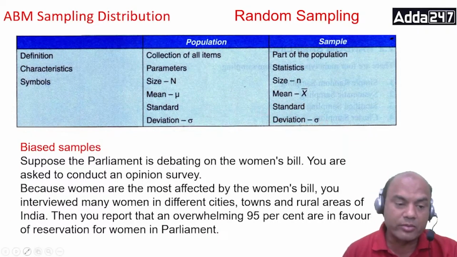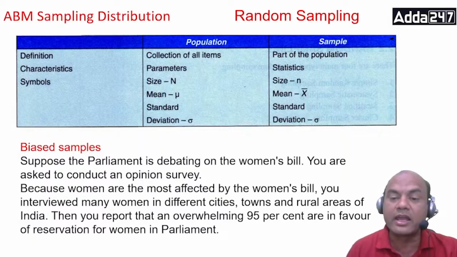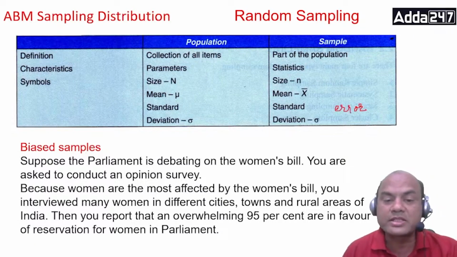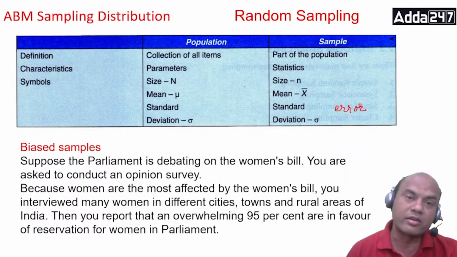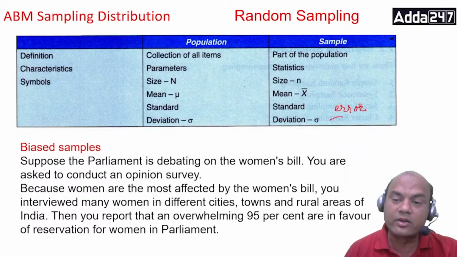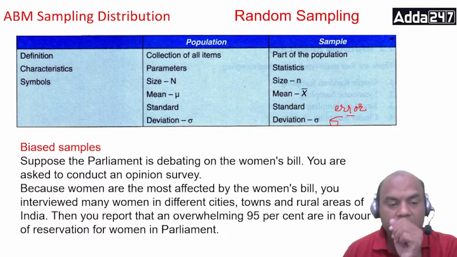But I'll tell you one more thing over here. Whenever I am taking anything for the sample, it is generally called standard error. Remember this. If I have standard deviation for the population, for my sample I have standard error. And we generally write it as psi dash. You will see this when I solve the numerical. Okay, psi dash.